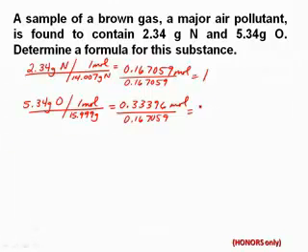That's going to be 1.999, which is approximately 2. So when we get to that whole number place, if it's very close to a whole number, you can go ahead and round them. And what this says is that my formula then, these are my subscripts, is NO2. Okay, and that is an empirical formula, and that is also a molecular formula.